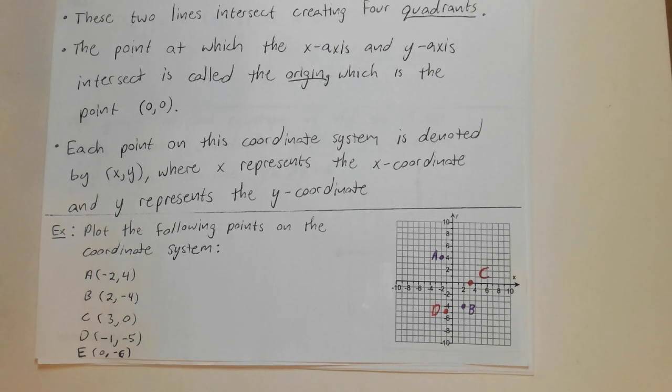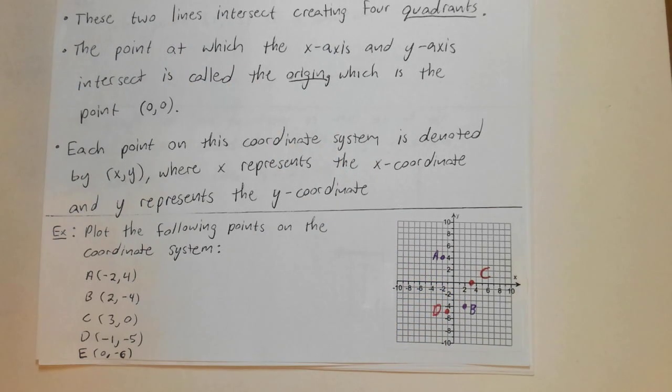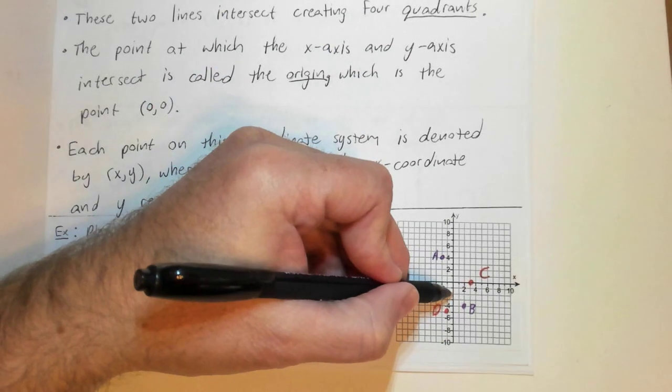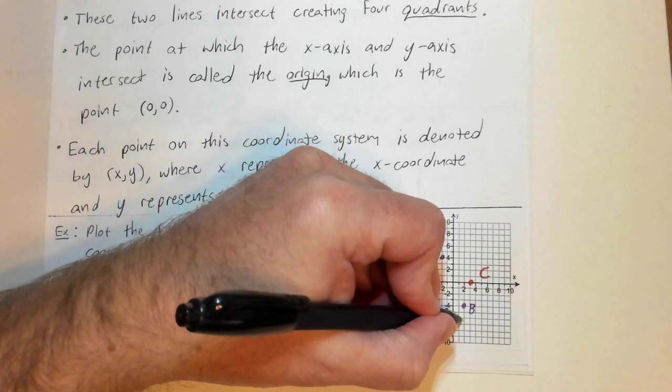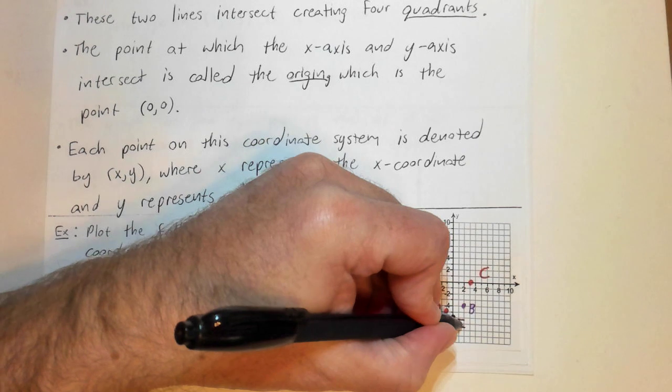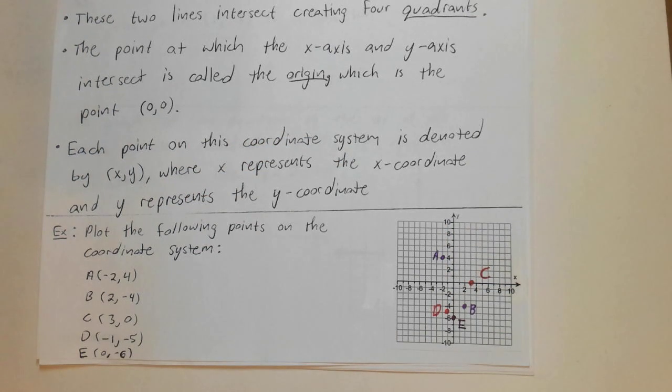And then the last one is (0, -6). Again, the x-coordinate is 0, and the y-coordinate is -6. So 1, 2, 3, 4, 5, 6. Here we are. That is the point E. All right. So that's all there is to plotting points.